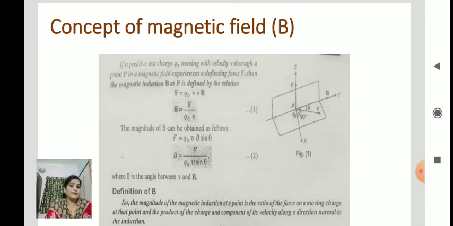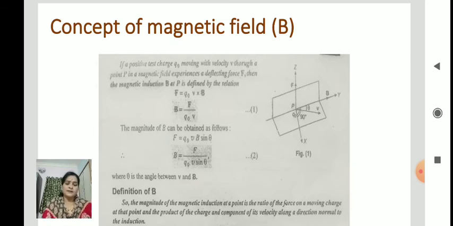So here I can define the magnetic field induction as the ratio of the force on a moving charge at a particular point, due to the magnetic force exerted.